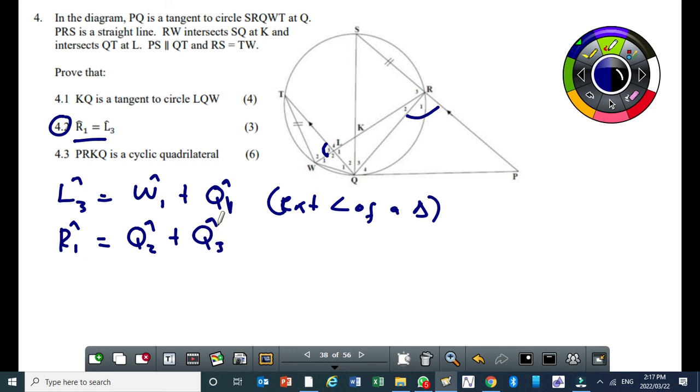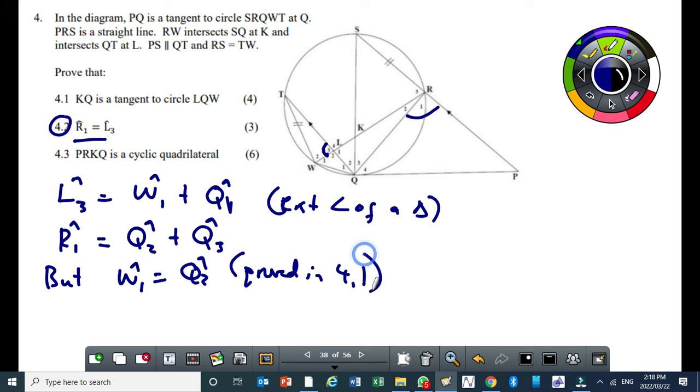But is there a relationship between W1 and Q2? W1 is equal to Q2. This was proved in 4.1. Also, is there a relationship between Q1 and Q3? The answer is a big yes.